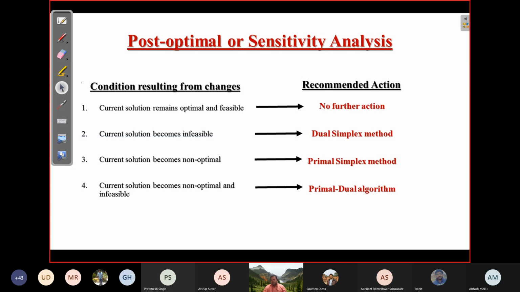If it is in non-standard form, you have the two-phase method and the Big M method. Alternatively, you can apply the dual simplex method, which is more preferred because it avoids the introduction of new artificial variables in the system, right?